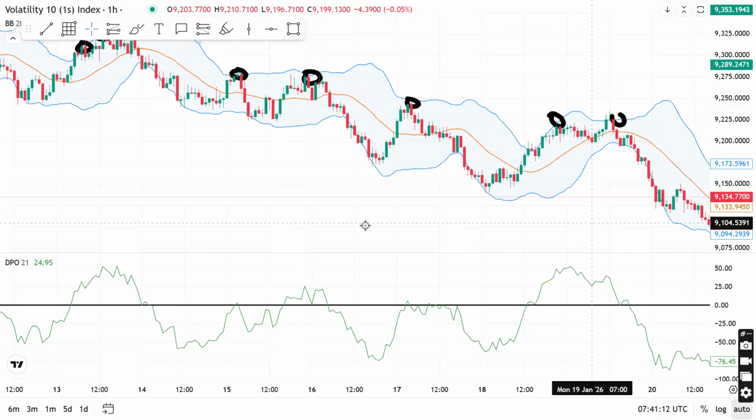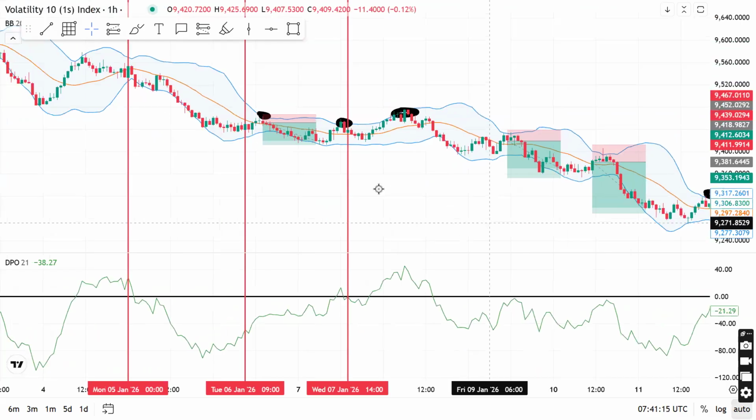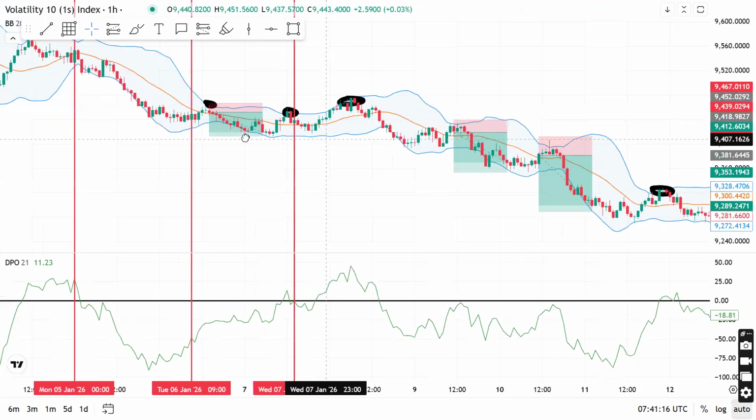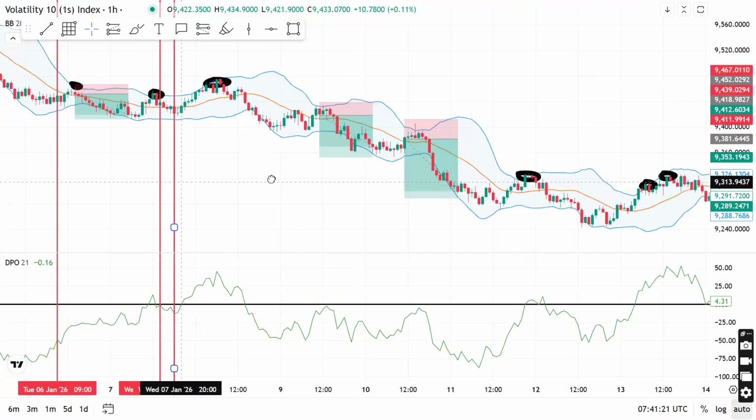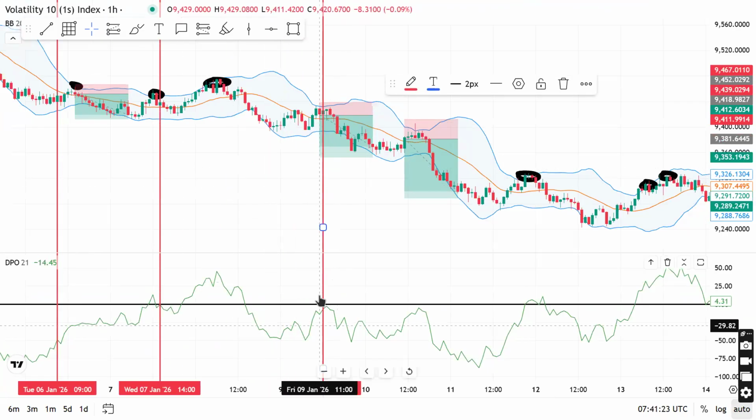Let me go back a little. So we have first trade, second trade. Please note, for every one of these trades, notice that DPO is below where? The zero line.